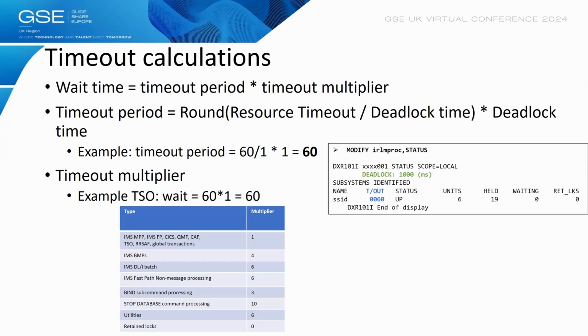Because we talk about application developers, it will be the first row in the table at the bottom. So TSO, RRSAF, CICS, most of the IMS have multiplier equal to 1. So in my case, the wait time will be 60. If I have timeout defined as 60, my actual wait time will be 60 seconds as well.